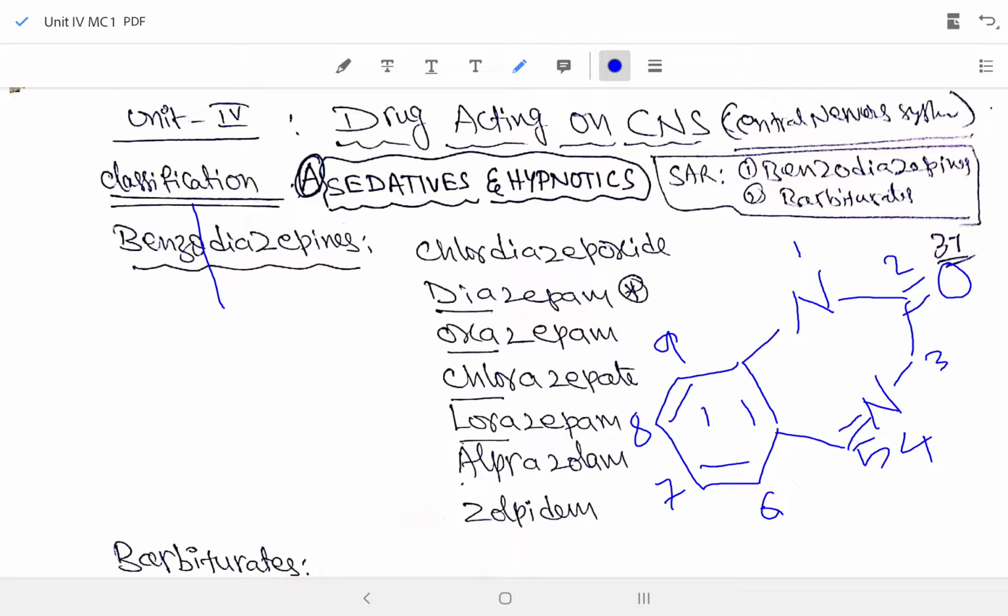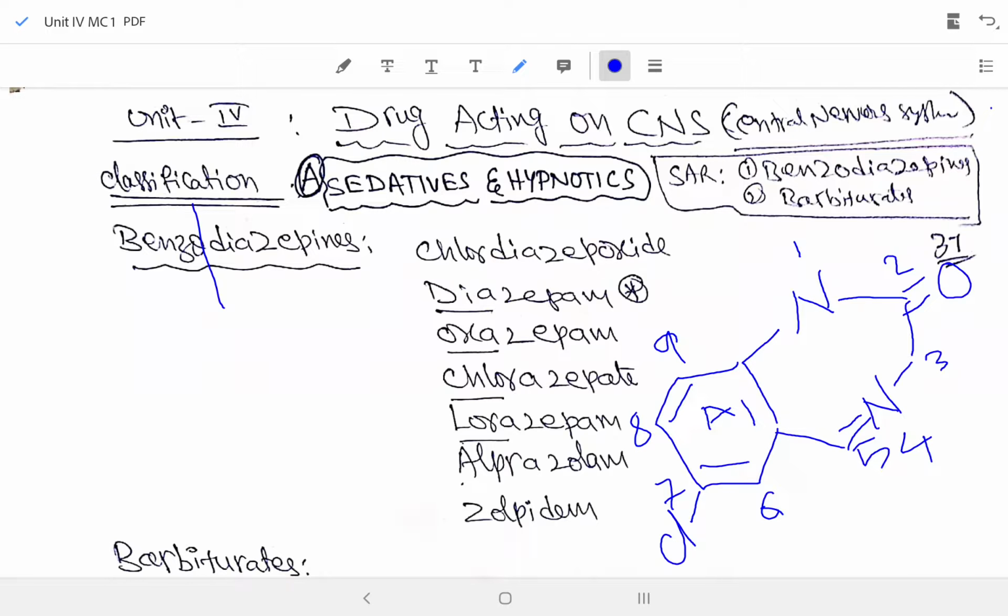Let us consider the benzene ring as A ring. In A ring, there should be an electronegative substituent at position 7. Among the examples, we have chlorine as the electronegative atom attached at 7th position. If you check the structure of diazepam, chlordiazepoxide, oxazepam, clorazepate, lorazepam and alprazolam, you have chlorine as electronegative atom attached as a substituent at 7th position.